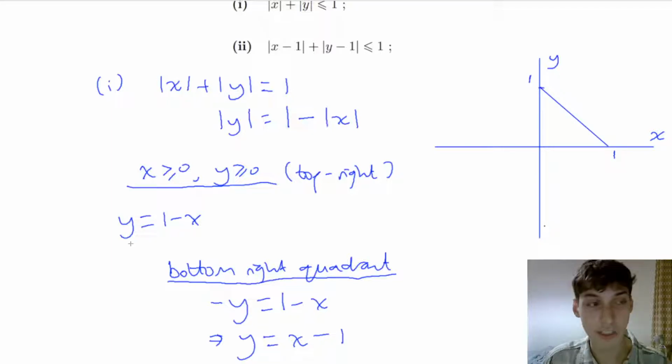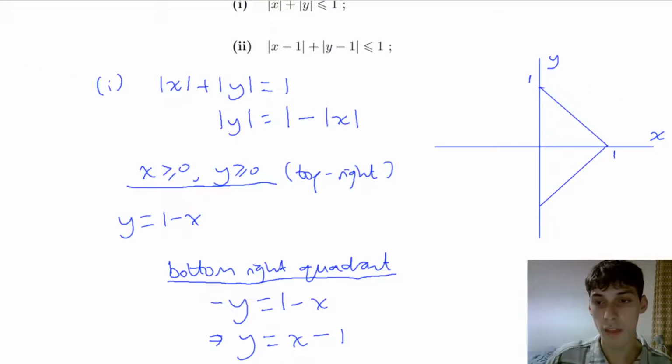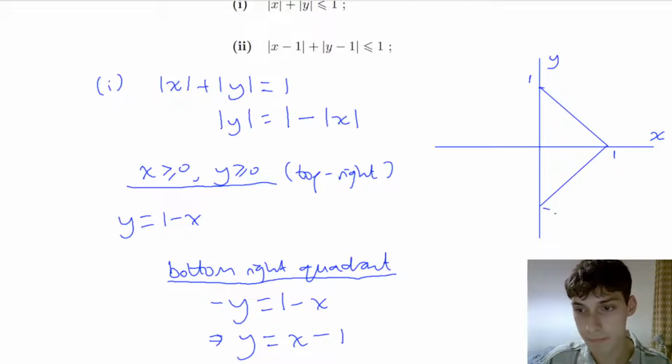And again, just using y equals mx plus c, to get an idea of where this line goes, we'll find that it's somewhere like this. And I'm doing these lines solid because the inequality is a less than or equal to inequality, so we don't do them dotted. Let's just continue on like that.